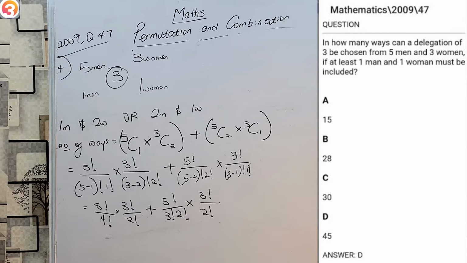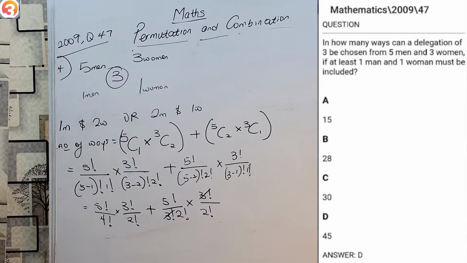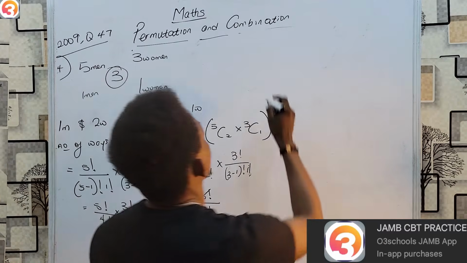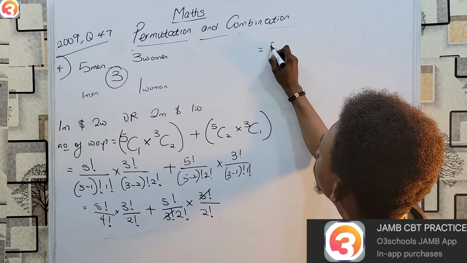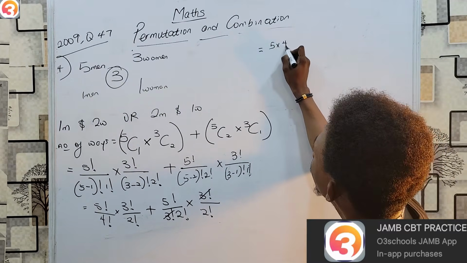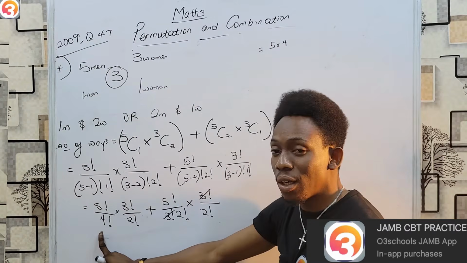What can be done next? I begin to get my answers. I'll notice here that 3 factorial can cancel out 3 factorial. So I get rid of that. While this way, 5 factorial can be expanded to give me 5 times 4. But instead of continuing to 3 times 2 times 1, again, I notice there's 4 factorial down here.